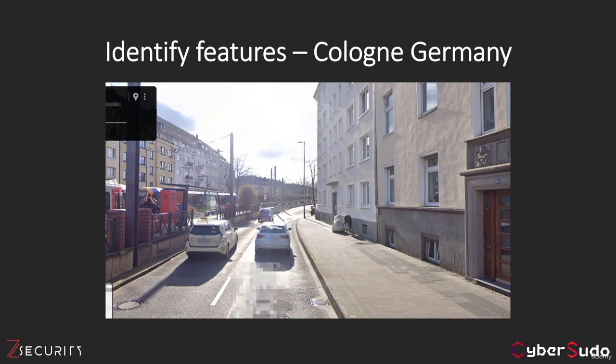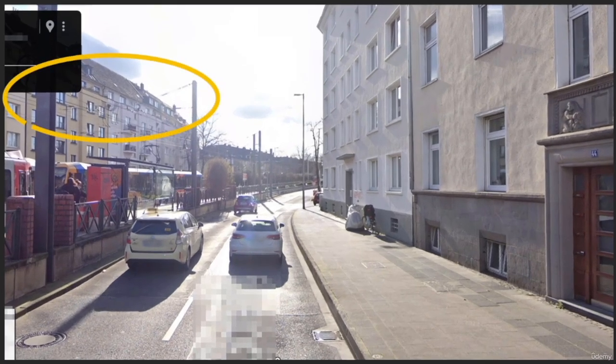The first thing we can identify is the type of buildings. Each country has a different type of buildings. The buildings that you are going to find in Germany are different from the buildings that you are going to find in France or Greece. So knowing how the buildings look in a certain country will help a lot to identify the country.